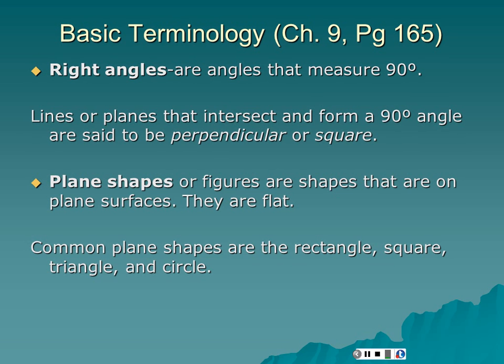That is a rectangle. We'll show you those in the slide as well. And also the square, all the angles are 90 degrees, all the sides are equal. Here the opposite sides are equal, but here all the sides are the same.